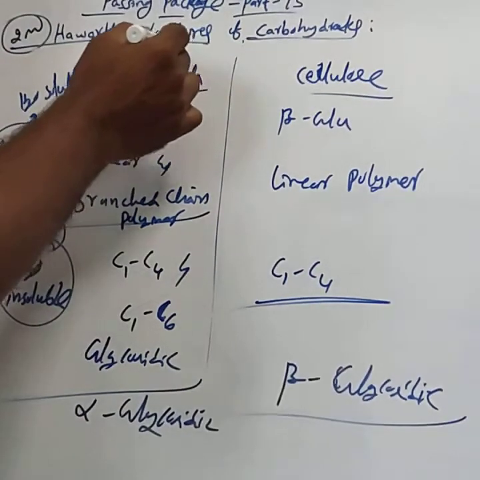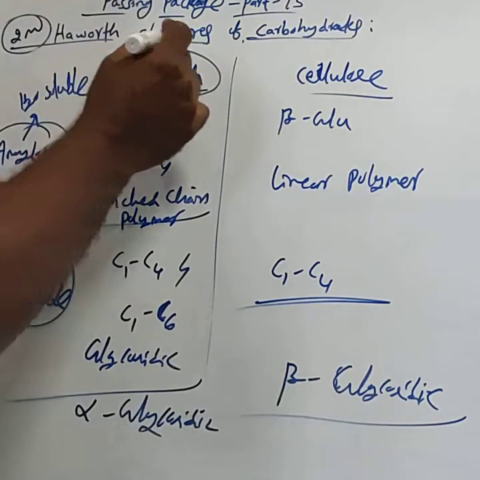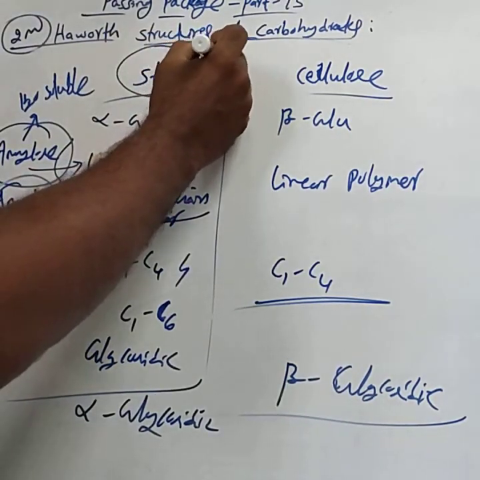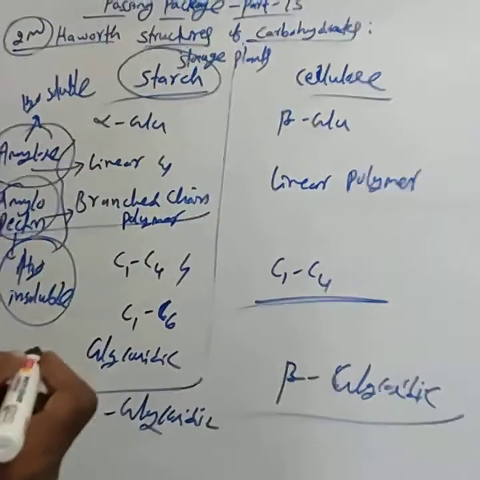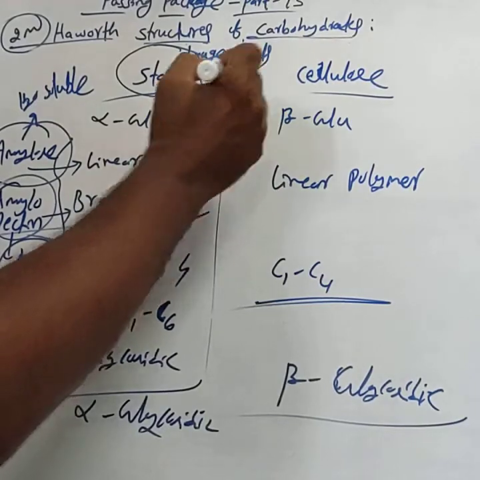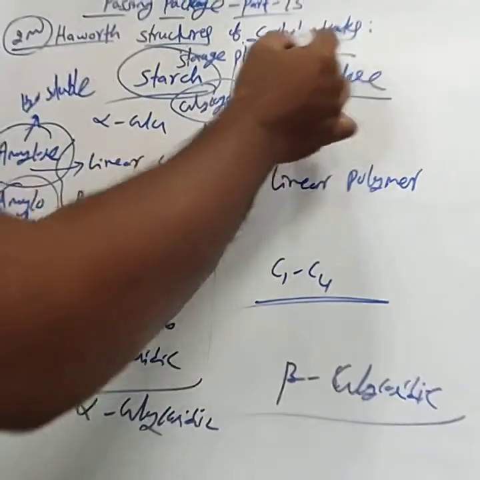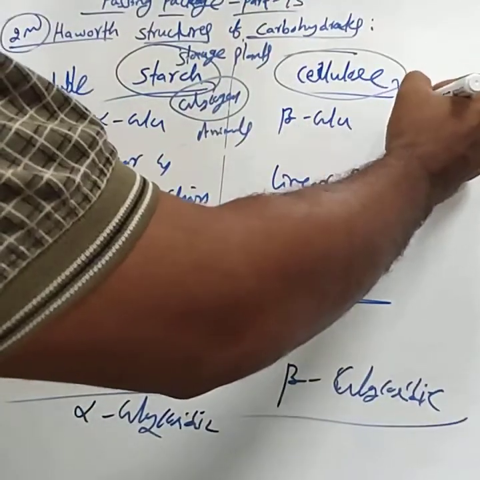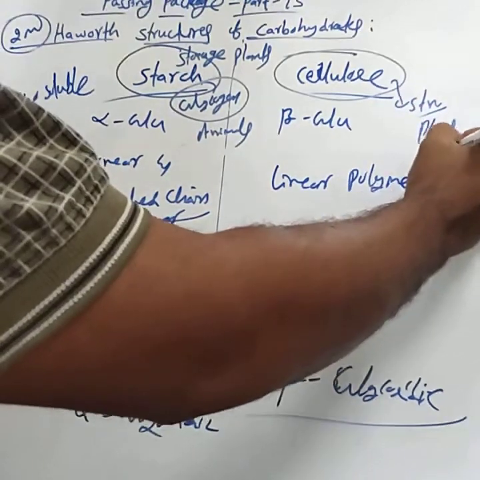Then for 1 mark points, starch is the storage polysaccharide present in plants, while glycogen is the storage polysaccharide present in animals, while cellulose is the structural material present in the plant cell wall.